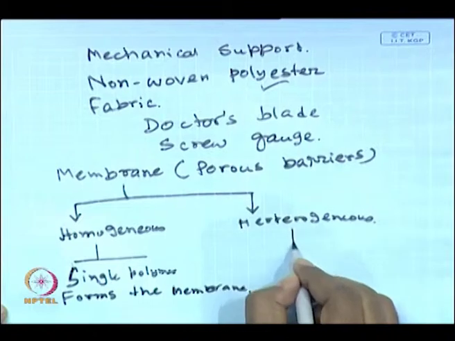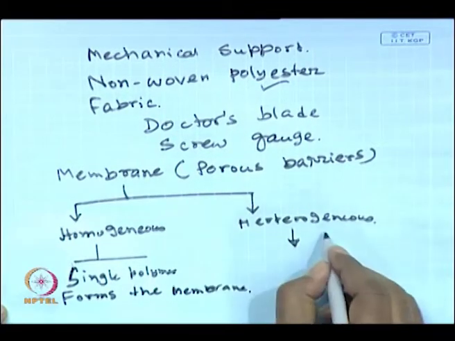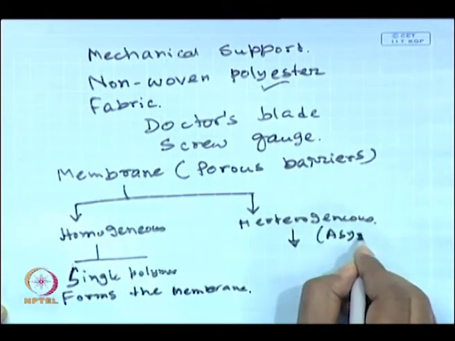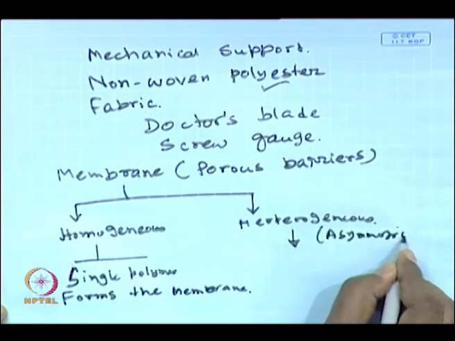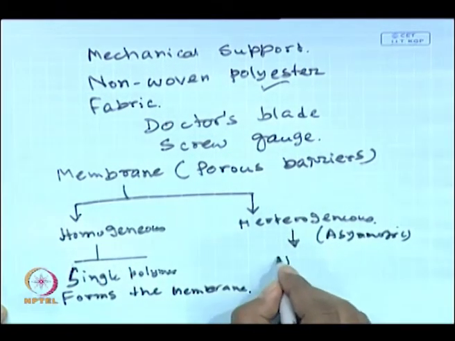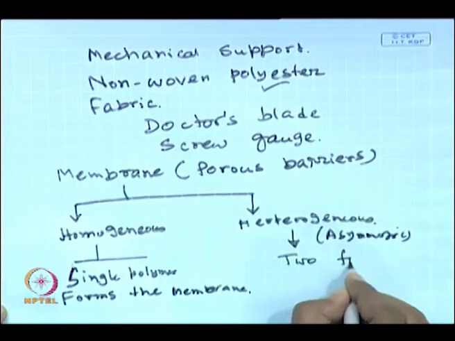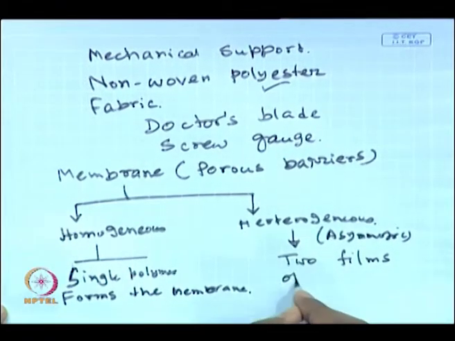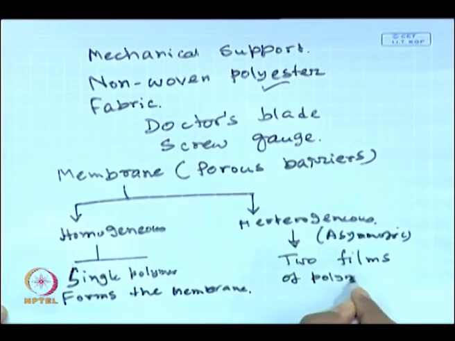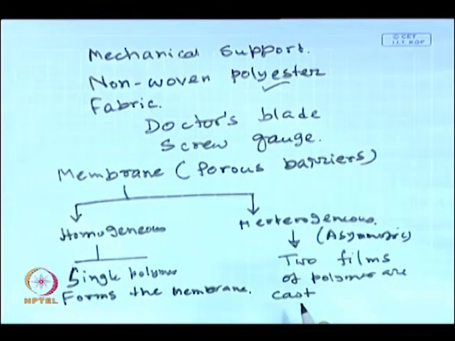In the case of heterogeneous, also known as asymmetric, there are two films of polymer that are cast one above another.